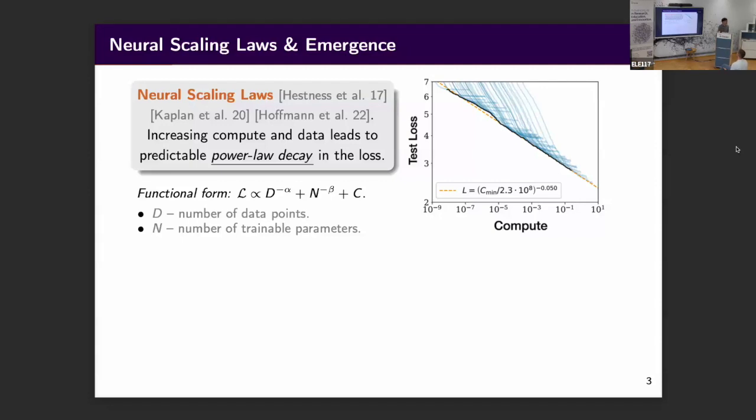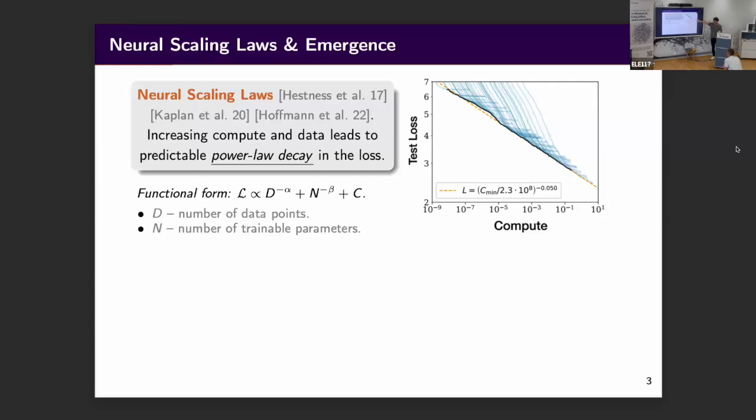This is referred to as a neural scaling law. The functional form is usually like the loss is proportional to 1 over data plus 1 over model size. So basically there's a statistical bottleneck and an approximation bottleneck. This is usually how we interpret this.